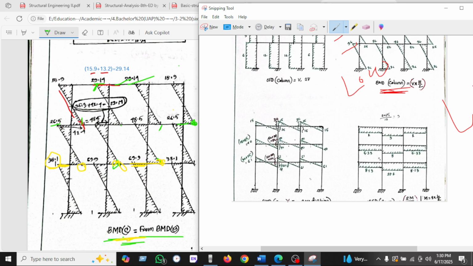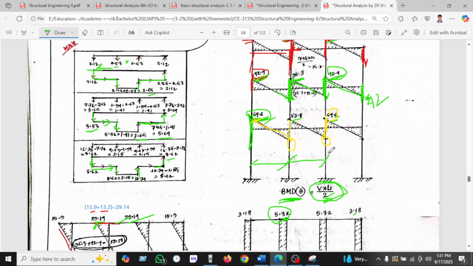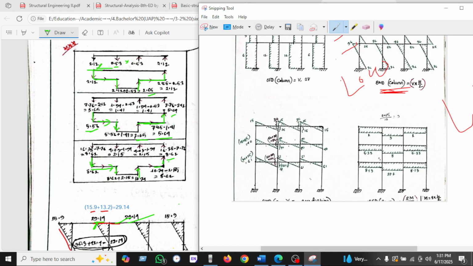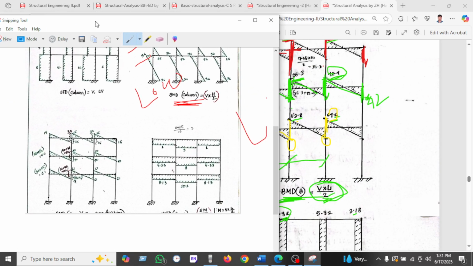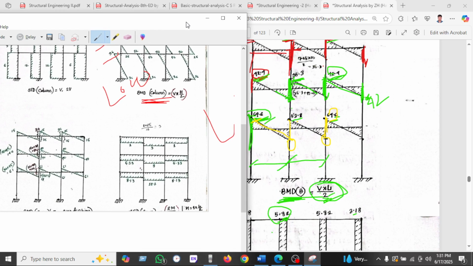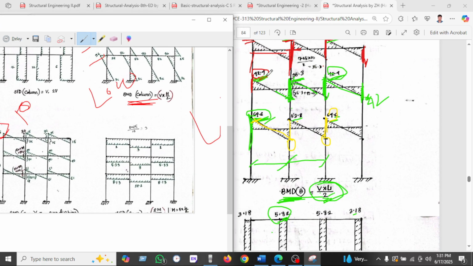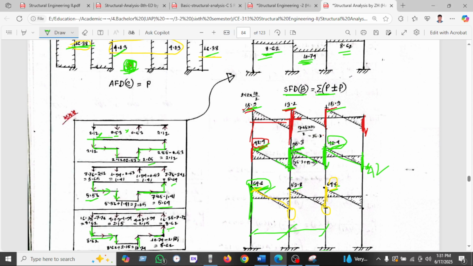Okay, so here the bending moment of the beam, I'm just taking here. We found 15 for the portal method. On the other hand, we found 15.9 in the cantilever method.